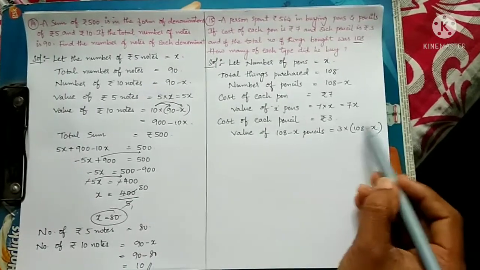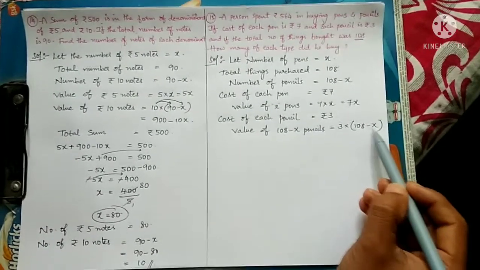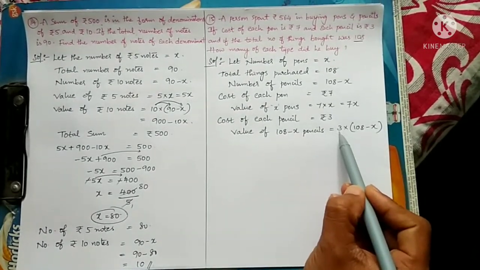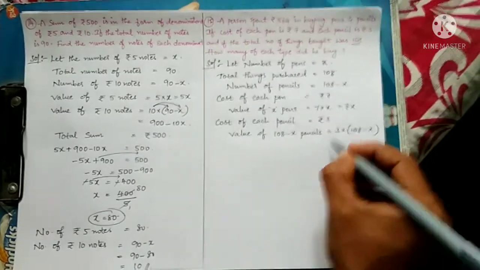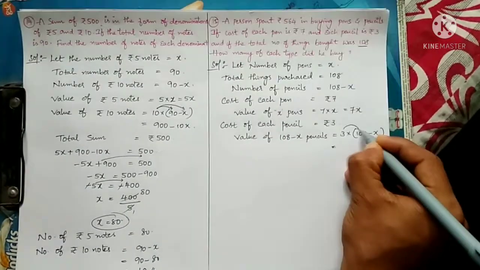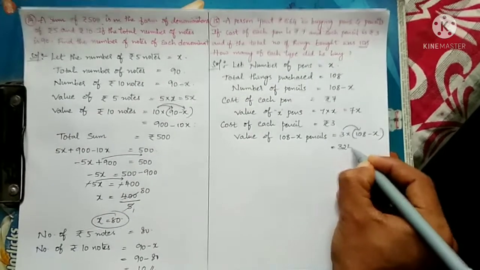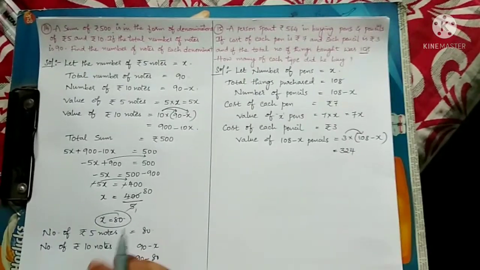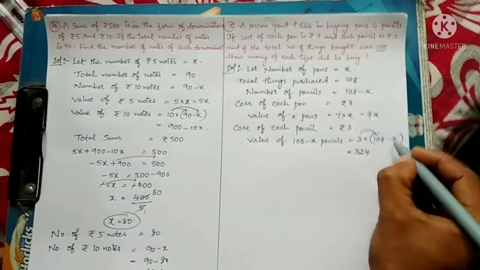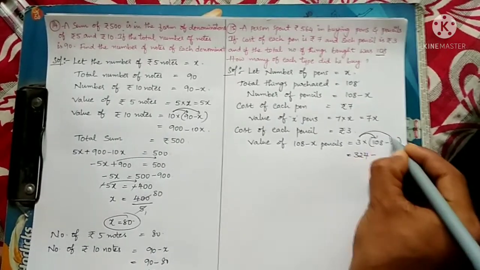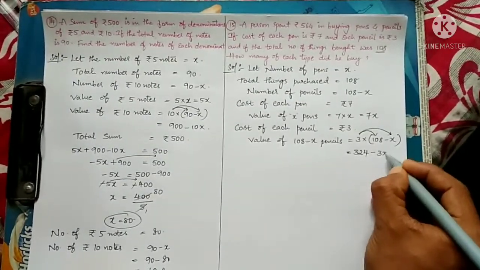The number of pencils is 108 minus x, the cost of each pencil is 3. Now let us multiply this. 3 into 108 is 324, minus 3 into x is 3x.